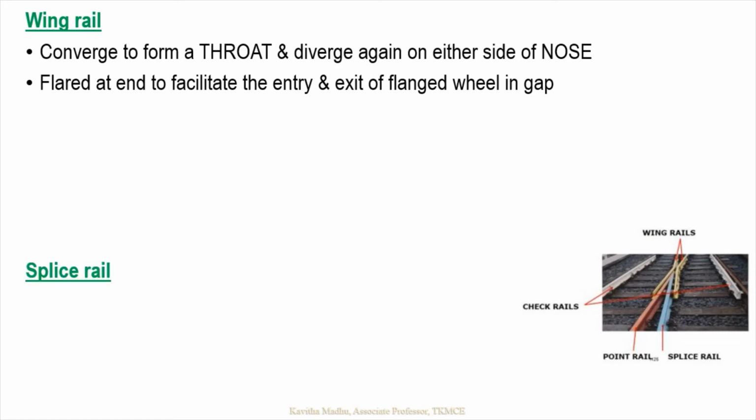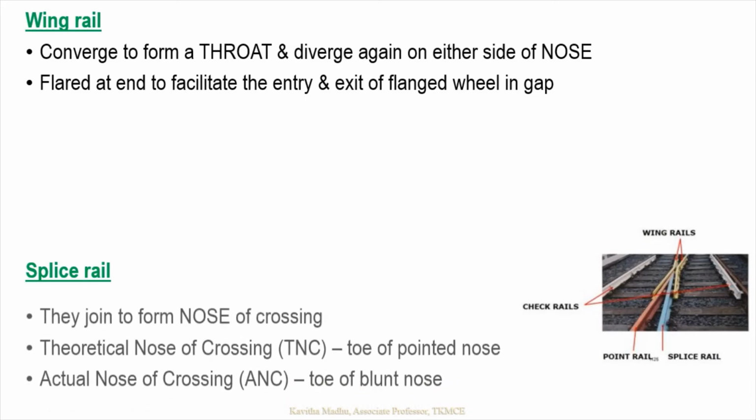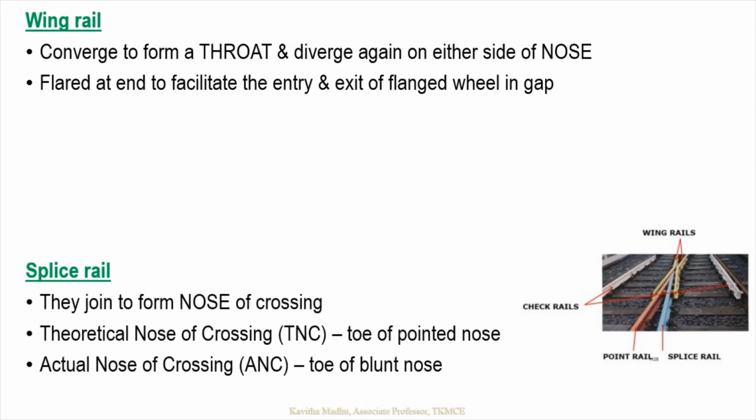The next is the splice rail. Here in this figure you can see the point rail as well as the splice rail. Depending upon how these two are connected, it can be two point rails or it can be one point rail to which a splice rail can be attached. They join to form the nose of crossing. Here in this figure, it is a separate point rail and splice rail.